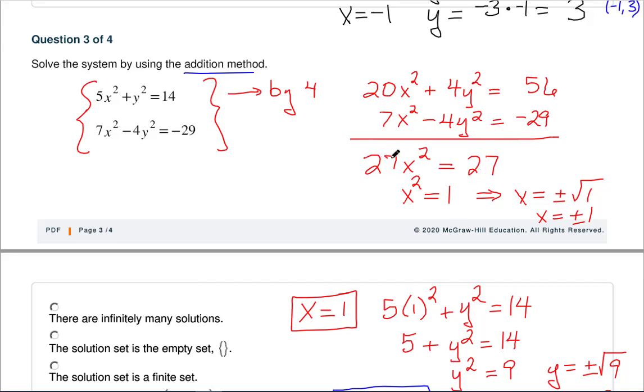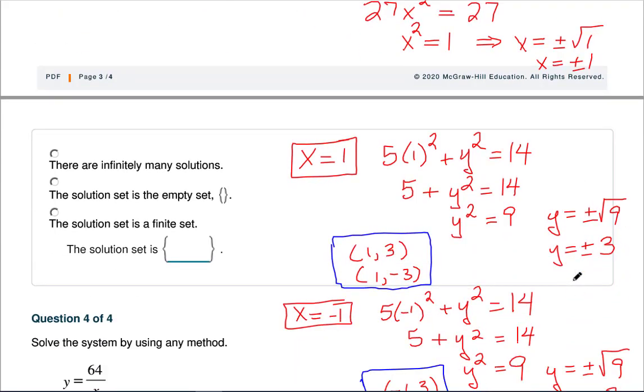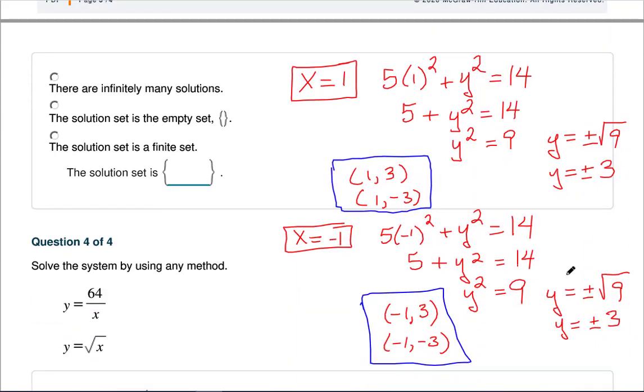And if you divide both sides by 27, you get x is plus or minus square root of 1, which is plus or minus 1. All right, well, what are the y's that go with all that? Well, let's see. If you plug in 1, I get y squared is 9. So y is plus or minus the square root of 9, or plus or minus 3.